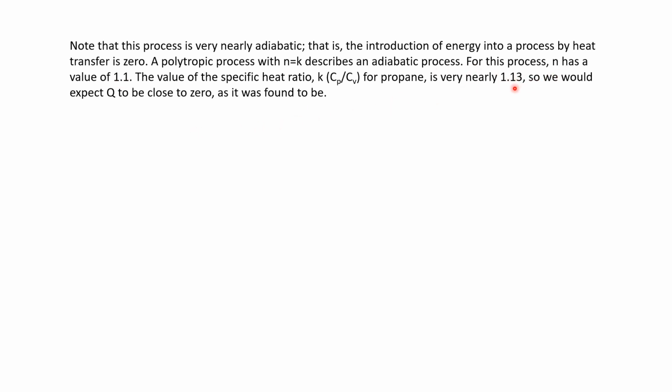If we had used a value of n of 1.13, which is k, then we would have had an adiabatic process and Q would have been exactly 0. But because we used a value that was close and not 1.13, but 1.1, we came out with a very tiny bit of heat transfer. It was close to 0, but it's not completely adiabatic.